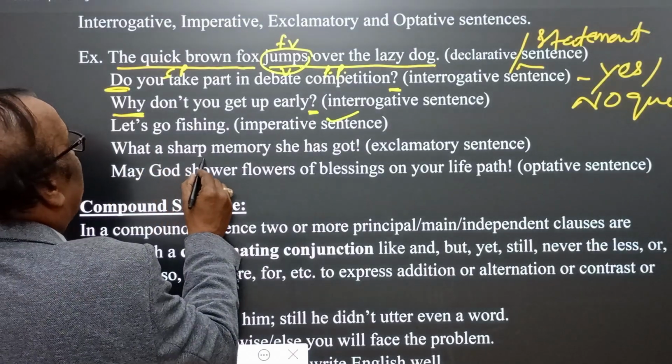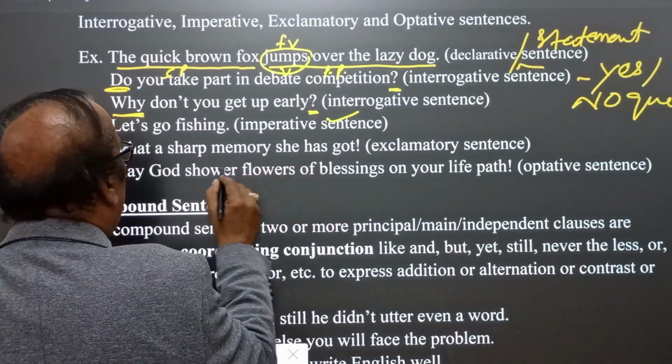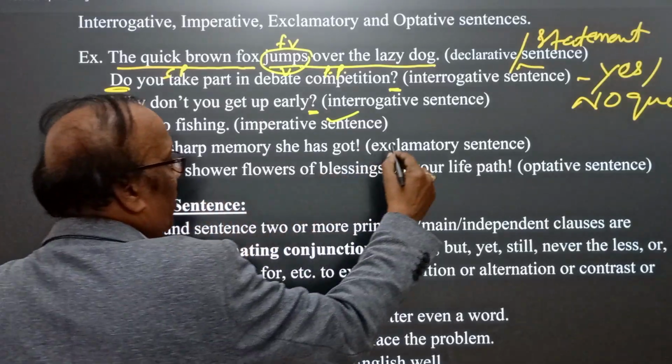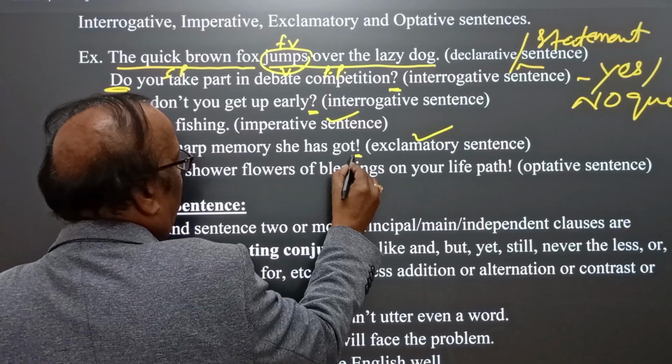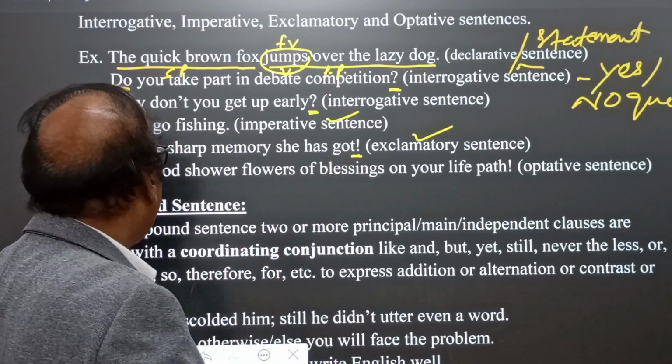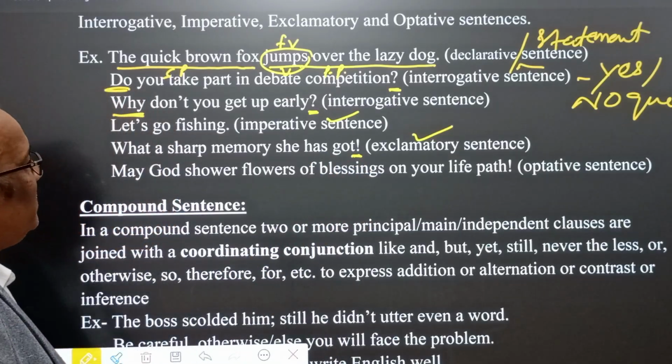What a sharp memory she has got. This is an exclamatory sentence, with the note of exclamation or exclamatory mark.